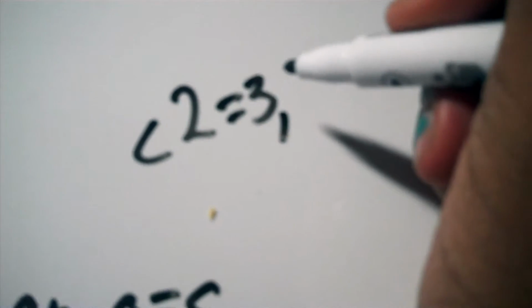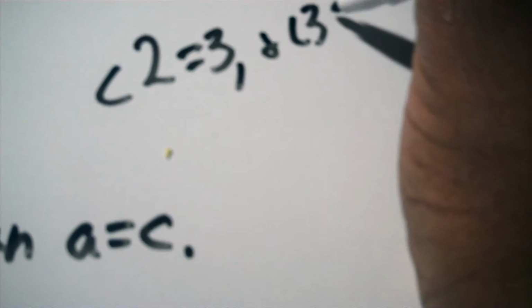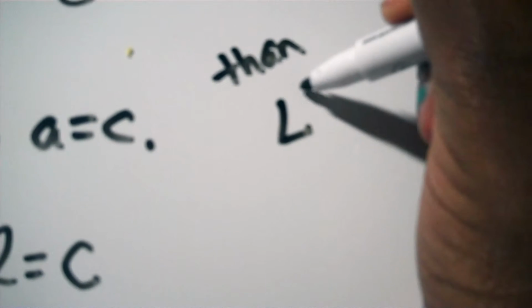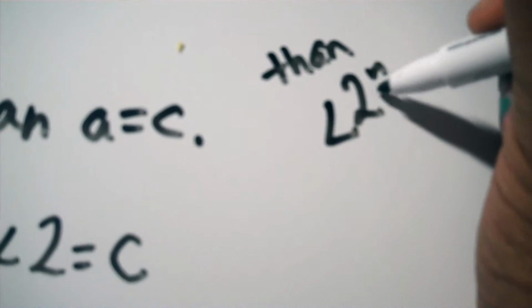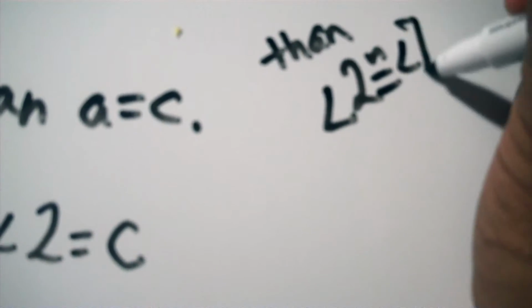So if 2 equals 3 and 3 equals 7, then the measure of angle 2 is congruent to the measure of angle 7.